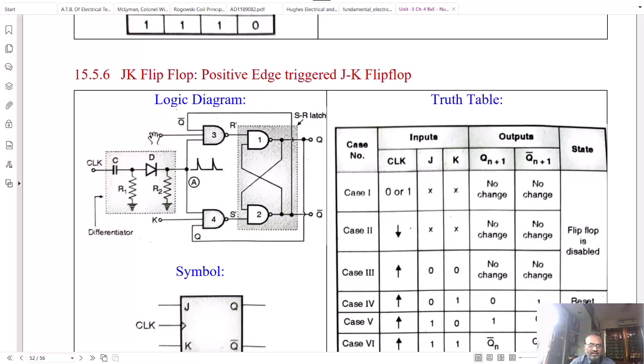Gate 3 and gate 4 add the clock input to the two external inputs, which are now renamed J and K. And additionally, in this JK flip-flop, the Q output is cross-coupled as a third input to gate 4, which is ANDed with the clock again. And the Q bar output of the lower gate number 2 is cross-coupled to the third input of gate 3, which is ANDed with clock and J input.